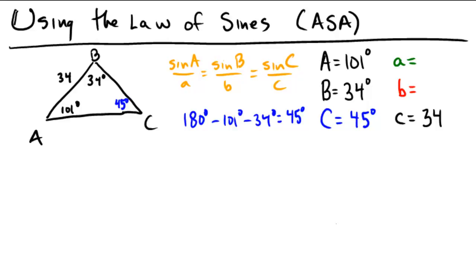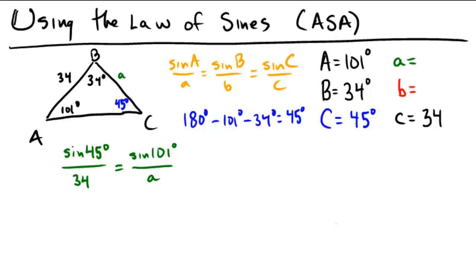So using the information inside of the triangle, we now have angle C and side C. So from that we can conclude that sine of 45 degrees over 34, right, sine of angle C over side C, must be in proportion to sine of angle A, which is 101 degrees, over side A that is opposite from it right over there.